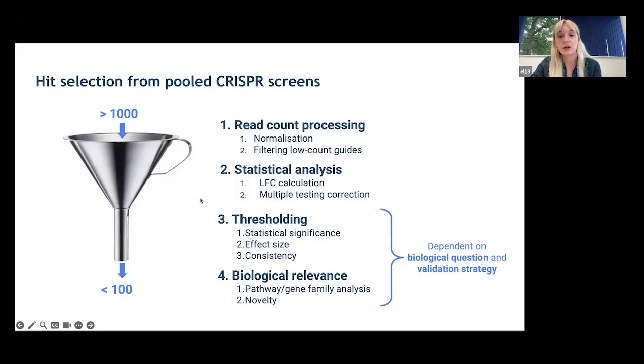So it could be that you want to prioritize hits that are known to belong to relevant pathways or gene families that you're interested in working on. And it could be the other end of the spectrum, which is that you're really interested in novelty. So things that have been previously uncharacterized in the context of what you're investigating. But these two steps will be highly dependent on what biological question you're asking and what your validation strategy is. And so how many targets you can take forward.